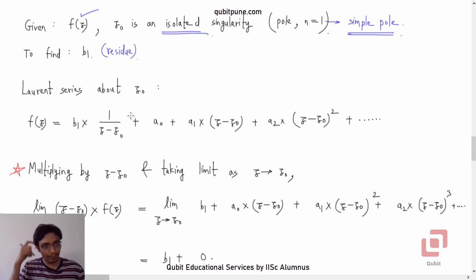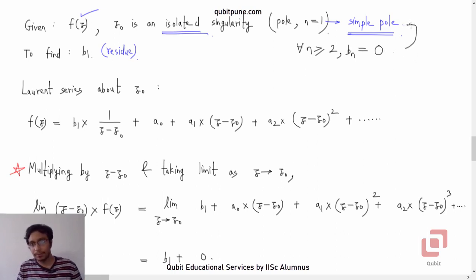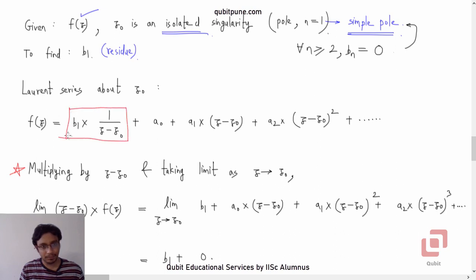We'll just do it for the sake of it. Now this being a simple pole, for all n greater than or equal to 2, bn's will be 0. Okay, because it is a simple pole. So in the singular part or the principal part of the Laurent series, we will have only one term, which is this one. All these terms will form the analytic part or the regular part.